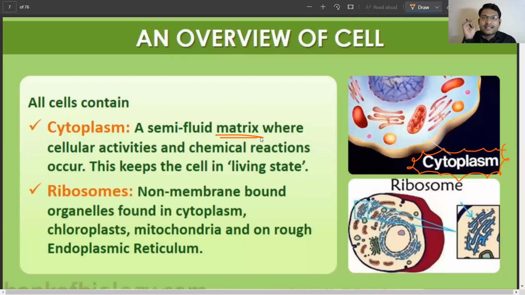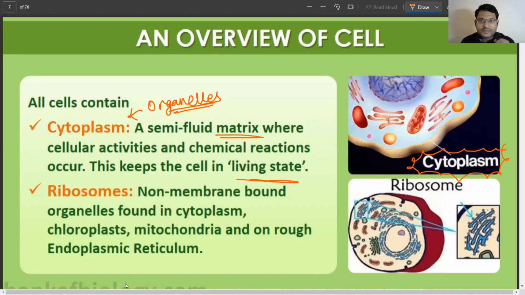So here it is a semi-fluid matrix where most of the cellular activities are performed, and a number of metabolic or chemical reactions take place. And remember, the cytoplasm contains a number of organelles that we know about. It provides a space for these organelles to perform all of their functions, and this basically keeps the cells in a living state.